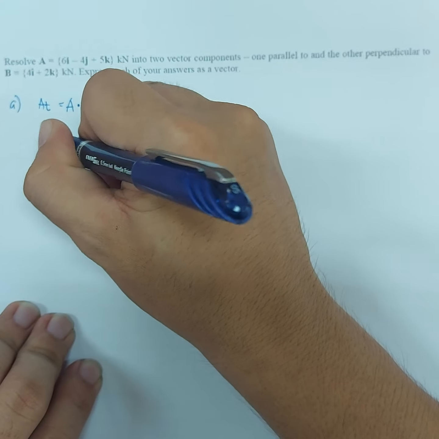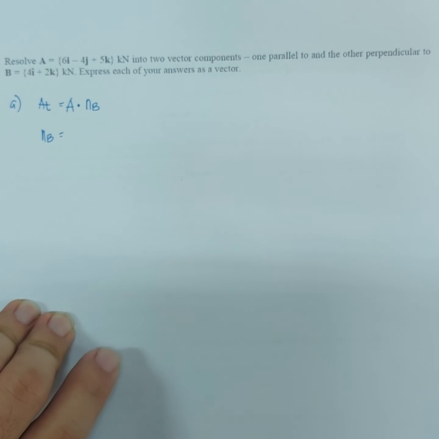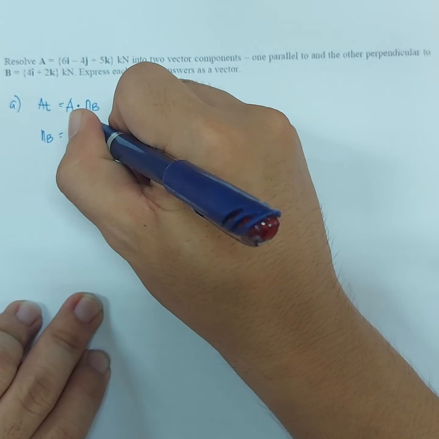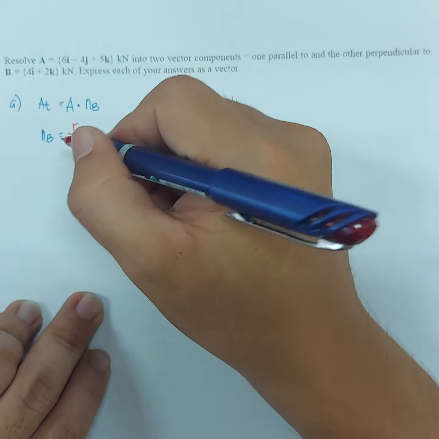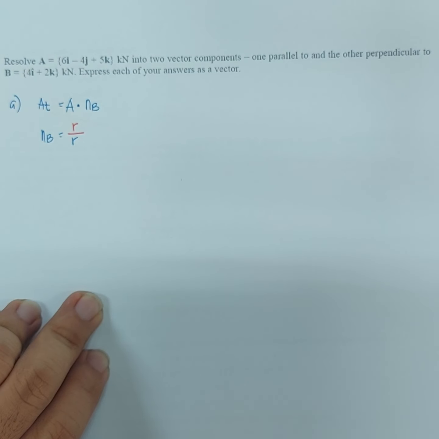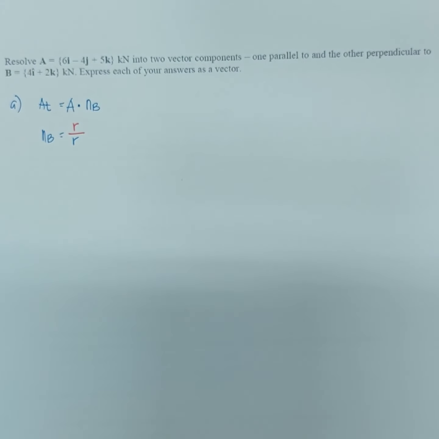So n sub B is equal to yung position vector natin, r, divided by yung distance between the 2 points. Pero wala naman tayong given na points, ano.